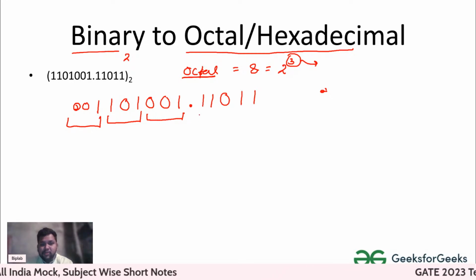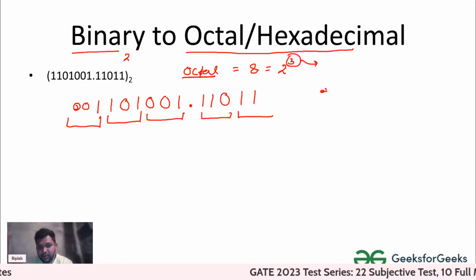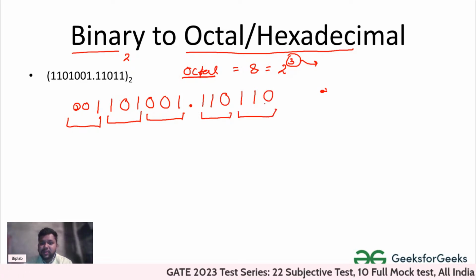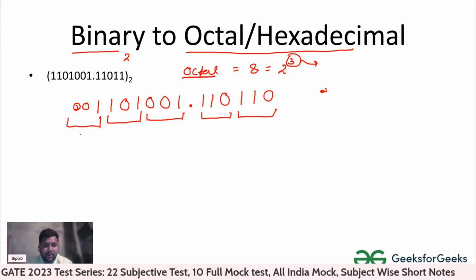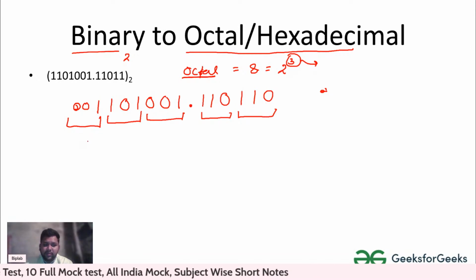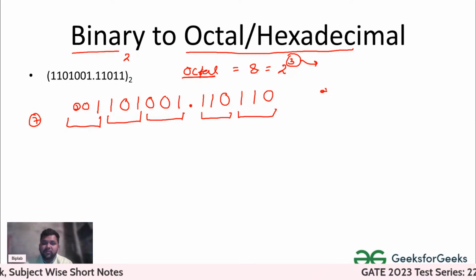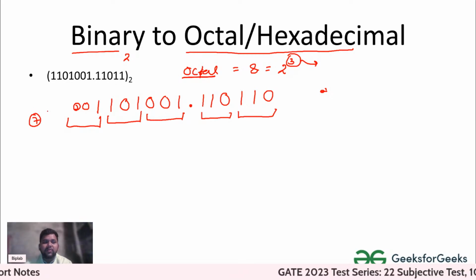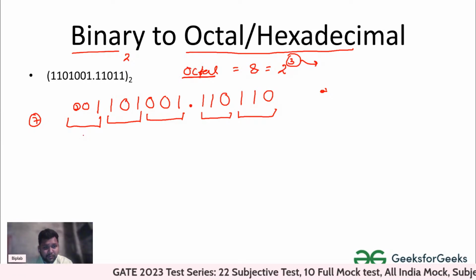After the point also take 3 digits, and if there are missing digits, add zeros. Now convert each group of 3 to an octal number, or you can say a decimal number, that will be maximum 7, because using 3 digits the maximum number you can get is 7.